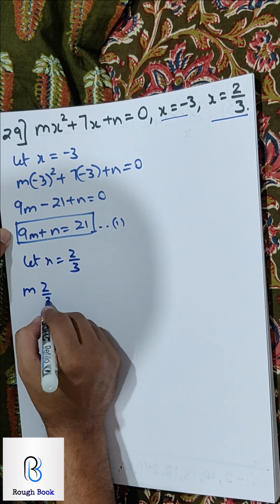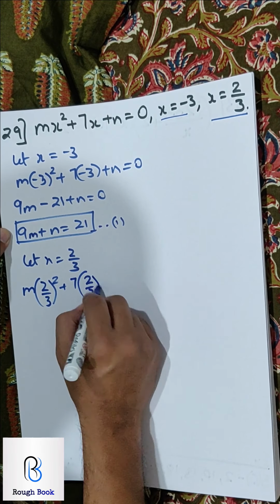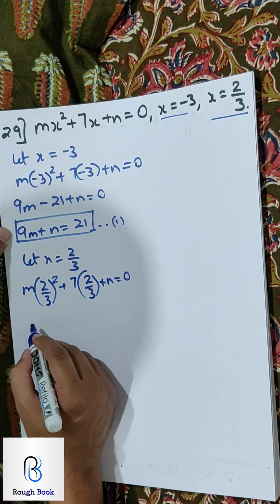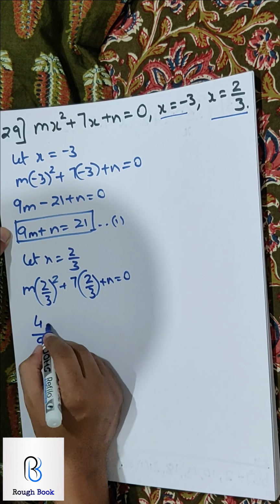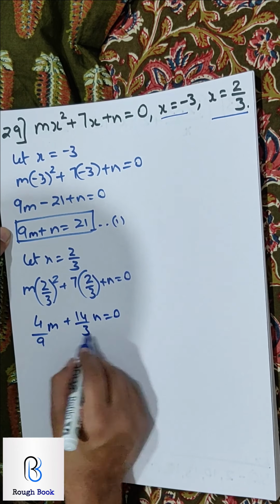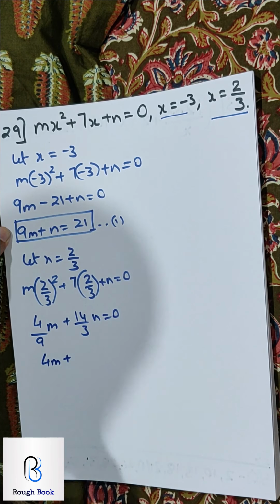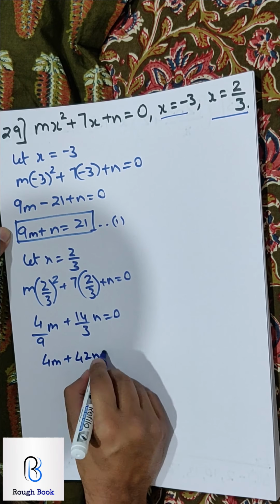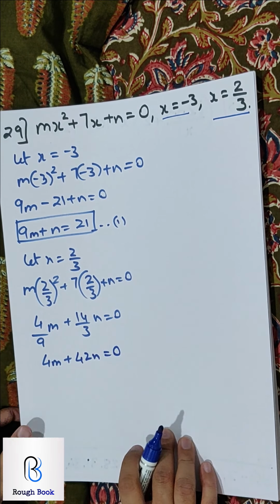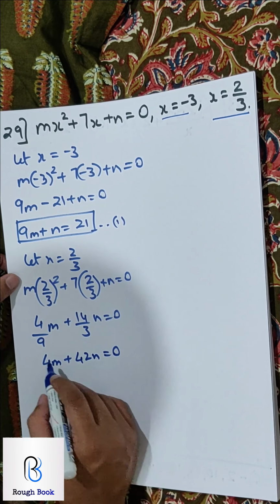So m times 2 by 3 square, 7 times 2 by 3 plus n equals 0. So 4 by 9m, 14 by 3n. LCM is 9, so 4m, 3 into 14, that will be 42. N equals 0. I got the second.